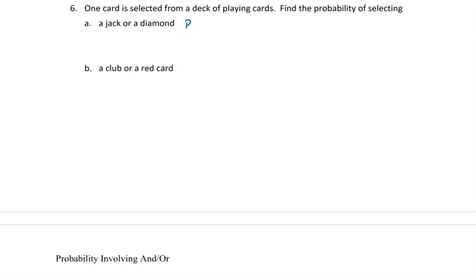So first off, probability of jack or diamond is going to be the probability of getting a jack plus the probability of getting a diamond minus the overlap. The probability of getting a jack is 4 out of 52. Probability of getting a diamond is 13 out of 52.